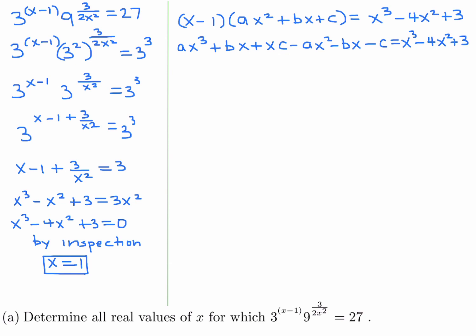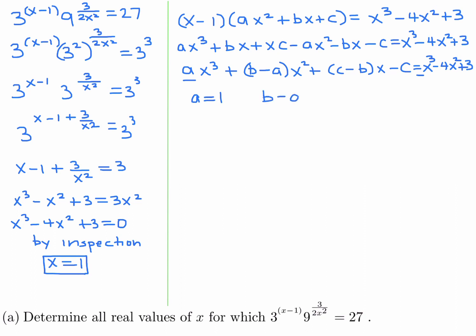Now what we have to do is compare coefficients. Let's just make it in that form as closely as possible by collecting like terms. And if you do, you get ax to the power 3, plus b minus a times x squared, plus c minus b times x, minus c, is equal to x to the power 3 minus 4x squared plus 3. Now that means that this a is the same as 1. So immediately we get a is equal to 1.